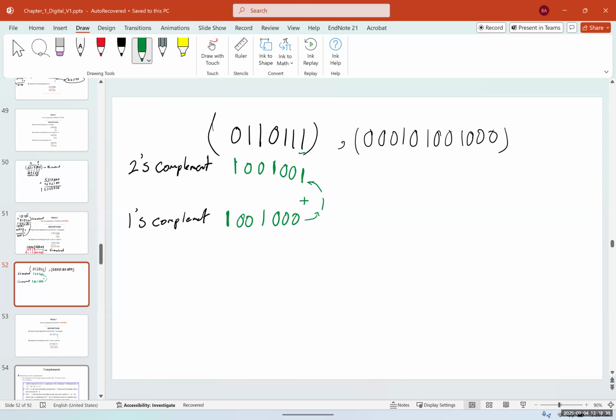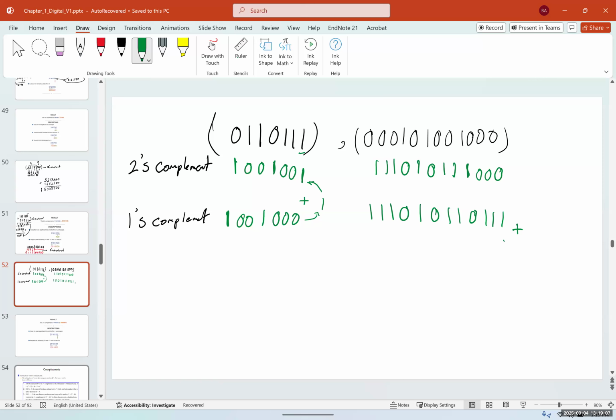Now the twos complement for the second one, we will keep the first zeros and the first one, and the rest is going to be replaced. And the ones complement is 1 1 1 0 1 0 1 1 0 1 1 1.